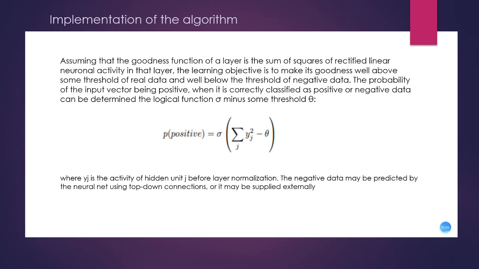The negative data may be predicted by the neural net using top-down connections, or it may be supplied externally.